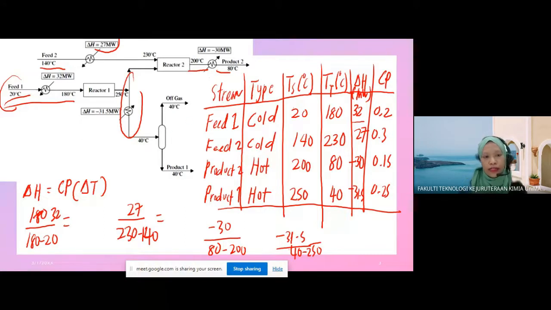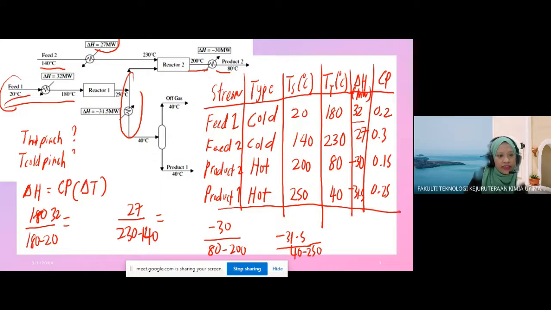In order to design a heat exchanger network, what is the information that you need? You need to know the T hot pinch, T cold pinch, and then the value of QH min and QC min.